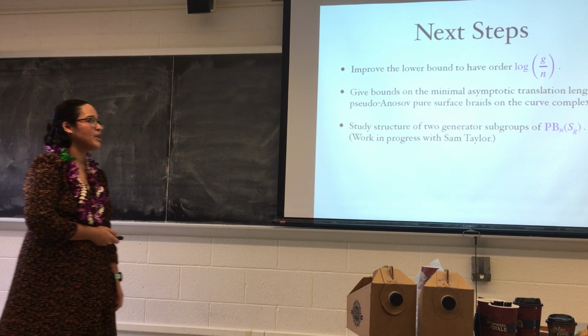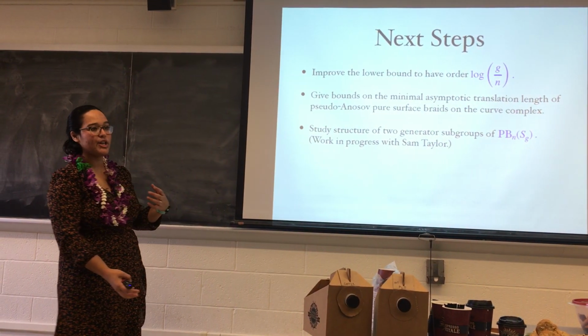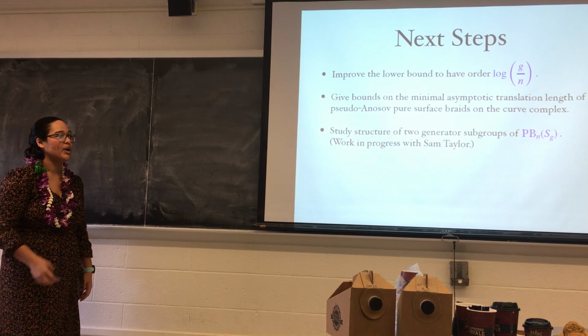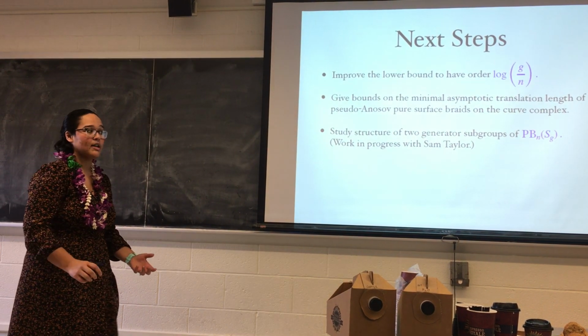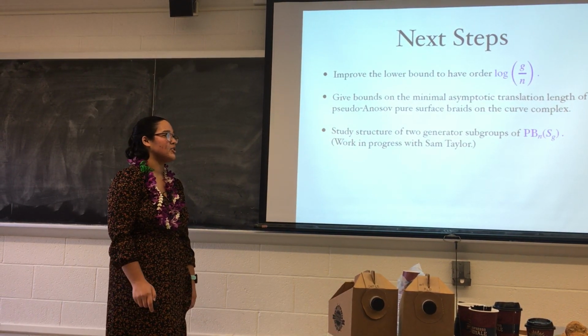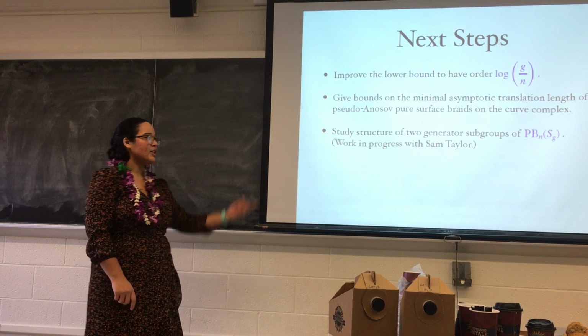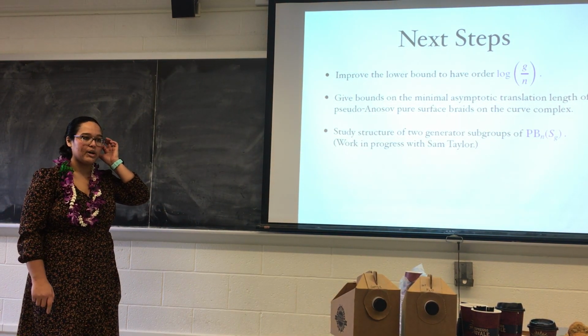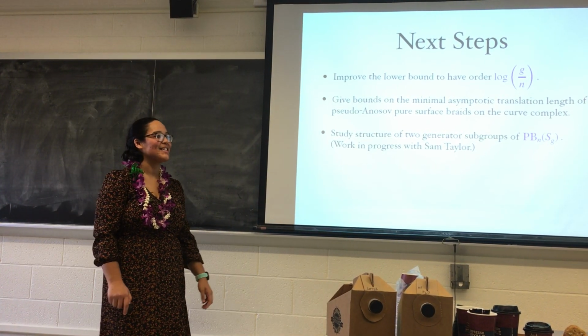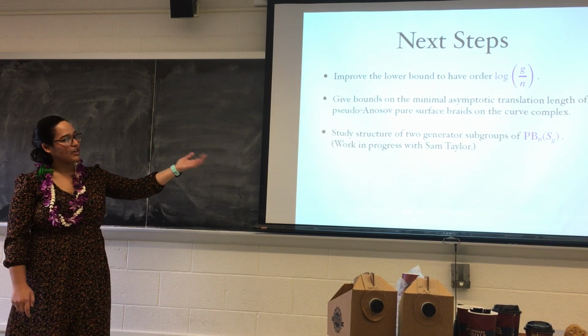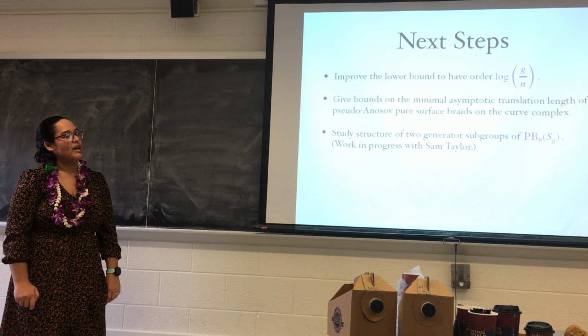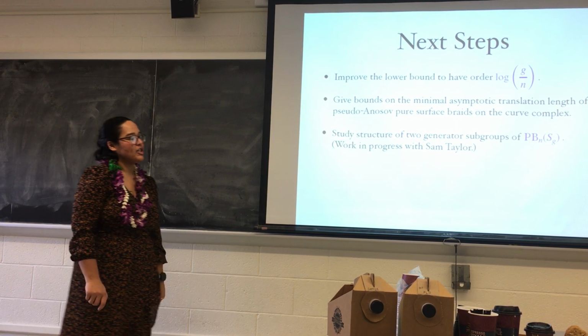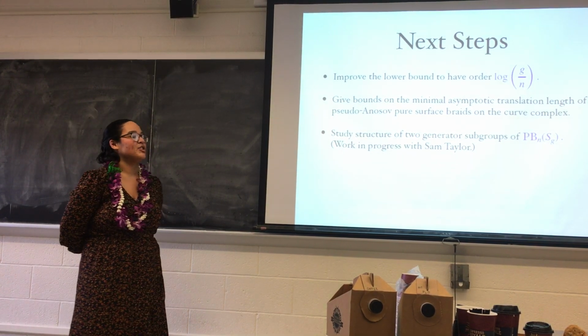Another thing, which is not quite related to the least dilatation question, but is related to studying pure surface braids, is to study the structure of 2 generator subgroups. This was where this project originally started: Chris asked me, as my thesis problem, to look at 2 generator subgroups of the n-stranded pure braid group of a genus g surface.